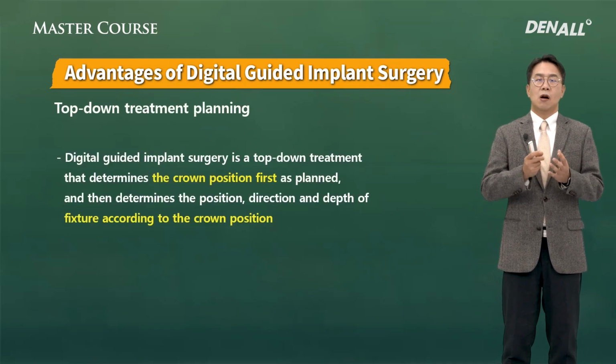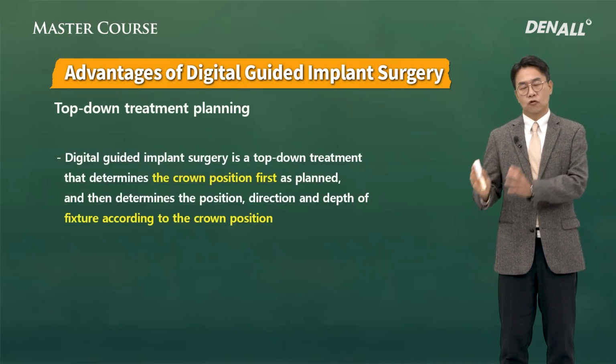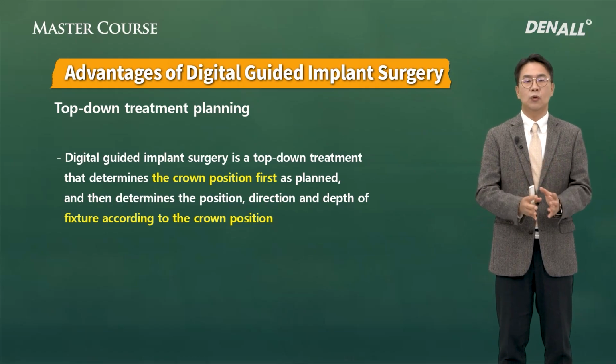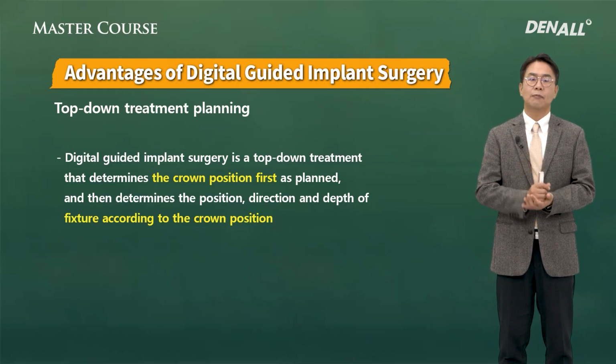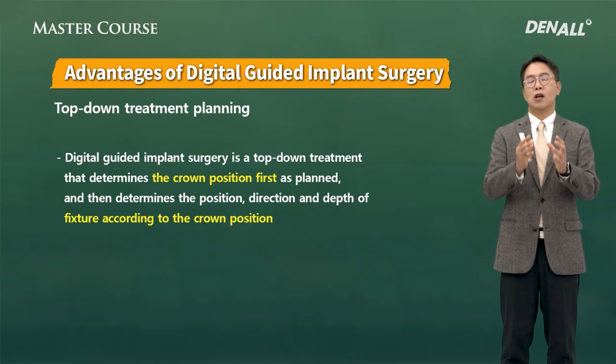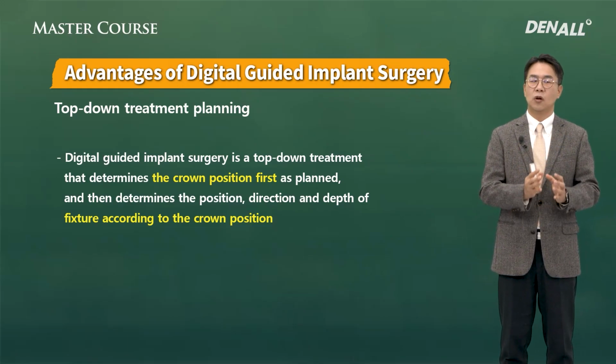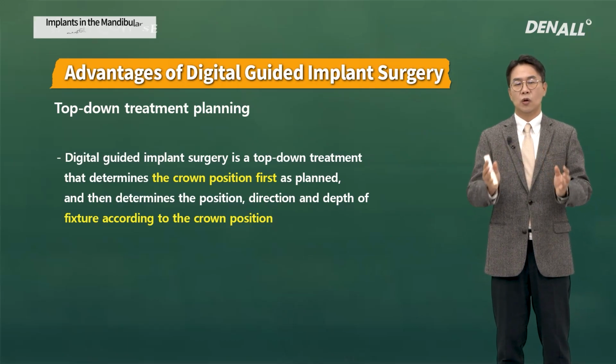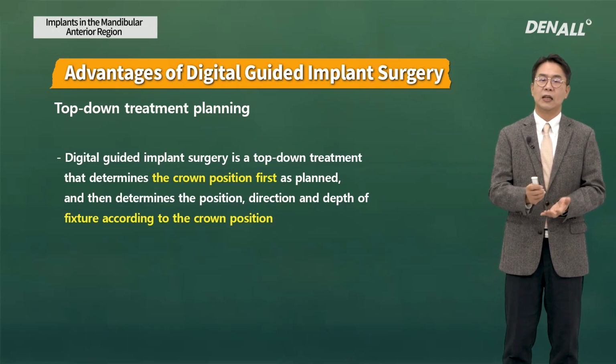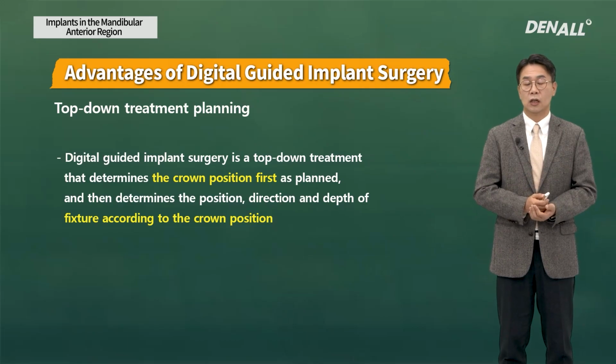So what we do is performing the treatment plan. So treatment plan should be established first. In the top-down treatment, the crown positions are first planned, and the position, direction, and depth of implant according to the crown position is determined.